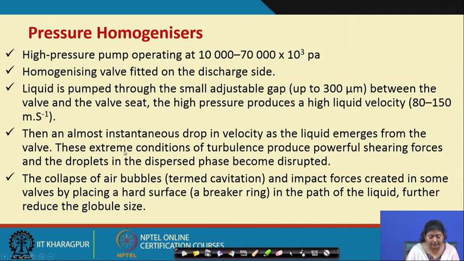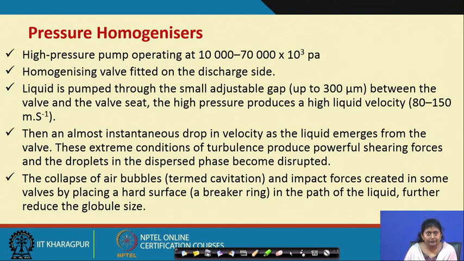Instantaneously that velocity is released as the liquid emerges from the valve and mixes with the continuous phase. This extreme condition of turbulence produces powerful shearing forces, and the droplets in the dispersed phase become disrupted.